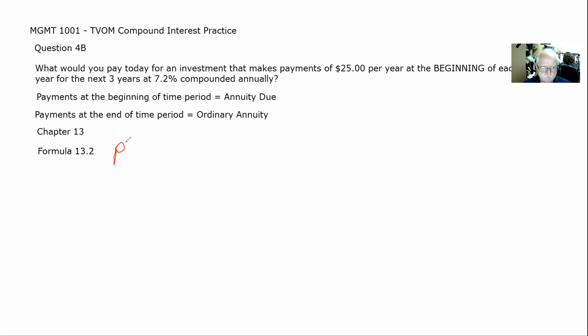The present value equals the payment multiplied by 1 minus 1 plus I to the power of negative n, divided by I, which is exactly the same formula we had for the ordinary annuity, but now we have to take into account the interest on one extra payment because it's made at the beginning of the time period.